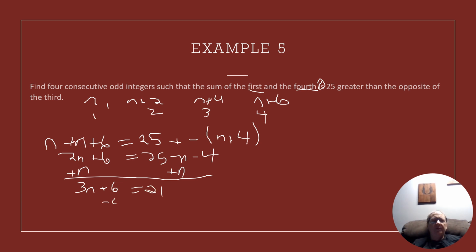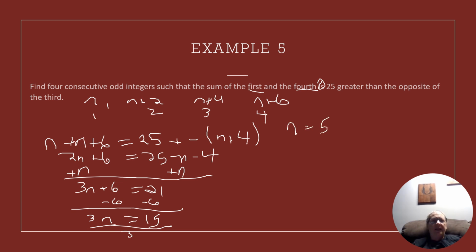So I just kind of did those steps together just to save myself a little space here. So 21 minus 6, excuse me for a second while I do some math, is 15. So divide both sides by 3, and I get n equals 5.